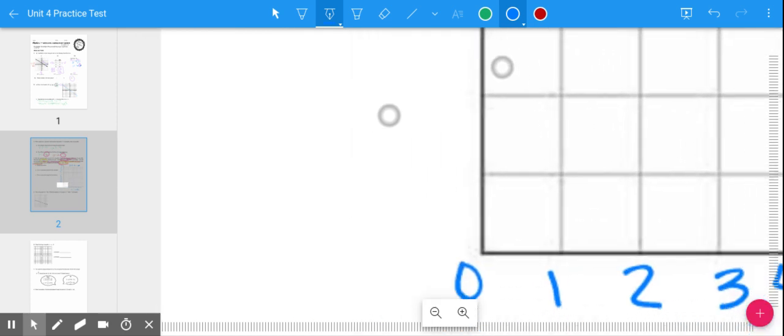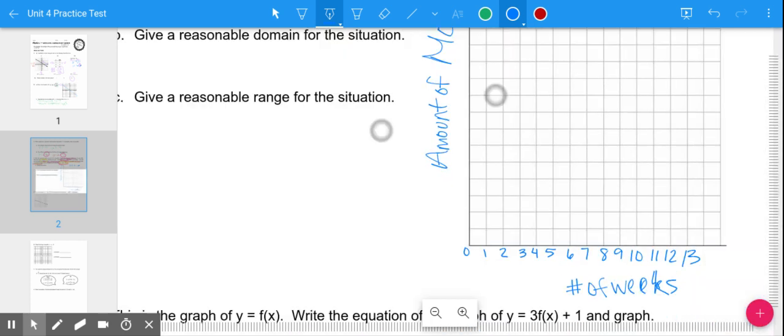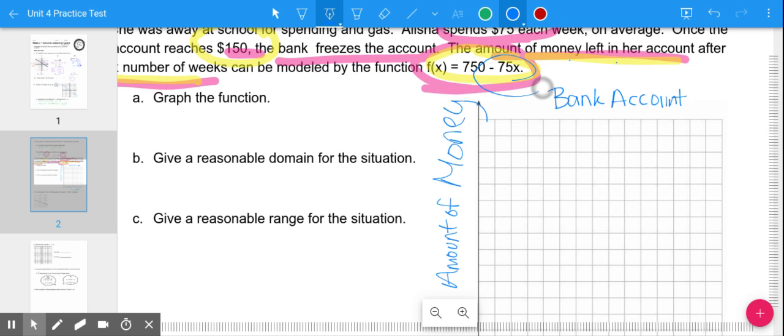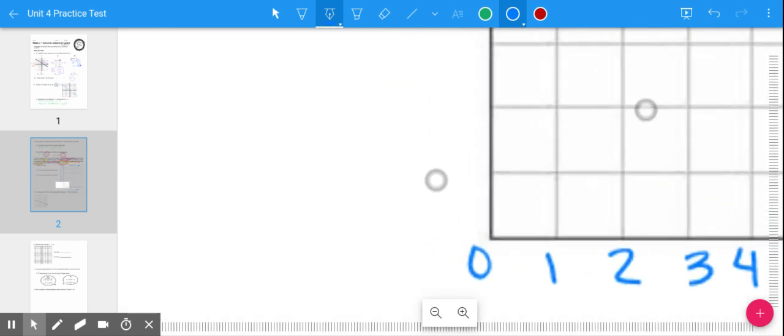Okay, and then I said our y needs to go up by our slope. And if we remember from our equation, our slope is negative 75. So it just needs to go up by 75.